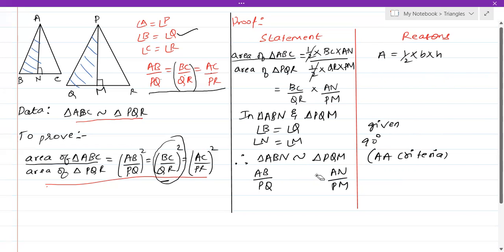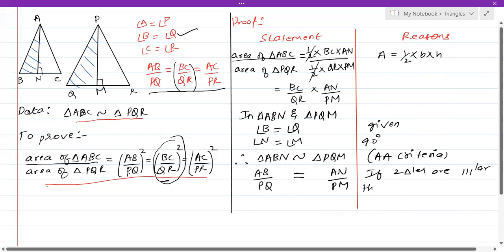What we have got is that AB by PQ is equal to AN by PM. How did we get this? If two triangles are similar, then corresponding sides are in proportion.